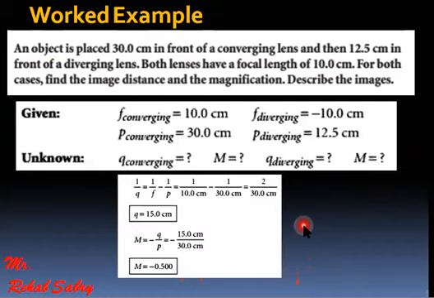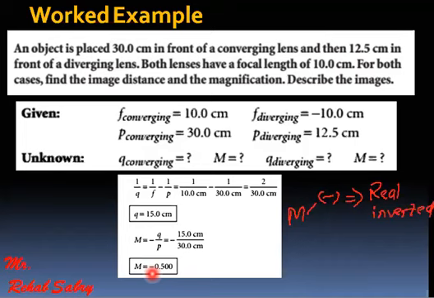Okay, this is the case of the converging lens. If you observe that M is negative, as we said, if the magnification is negative, it means the image is real and inverted.